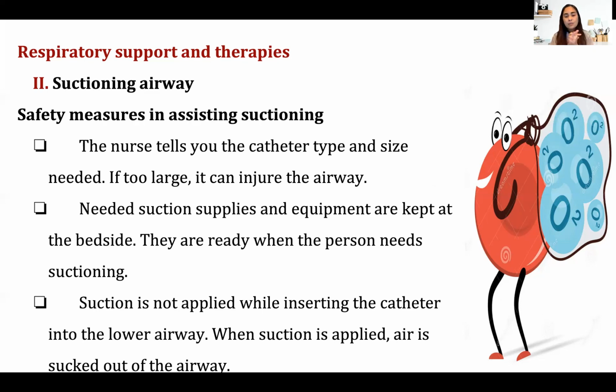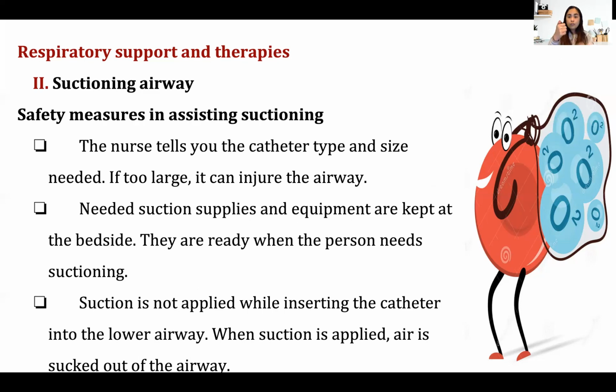Suctioning is not applied while inserting the catheter into the lower airway. When suction is applied, air is sucked out of the airway. What do I mean by that? If you're inserting the catheter into the patient's trachea or airway, you should not apply suction. You will just insert it.